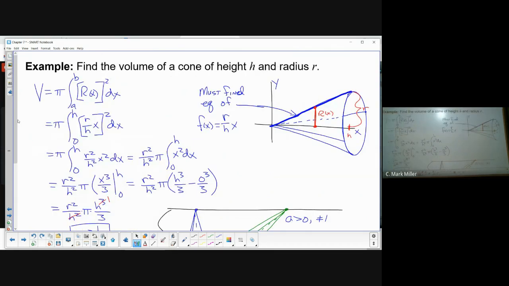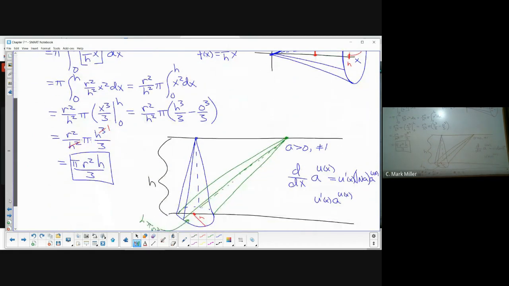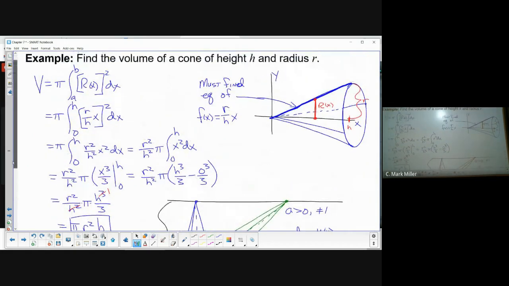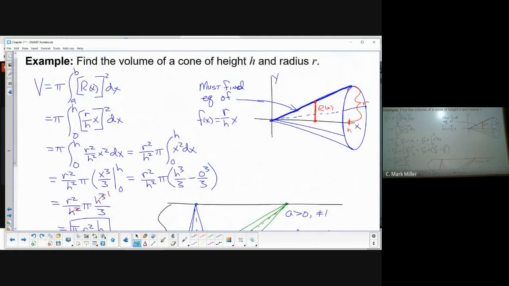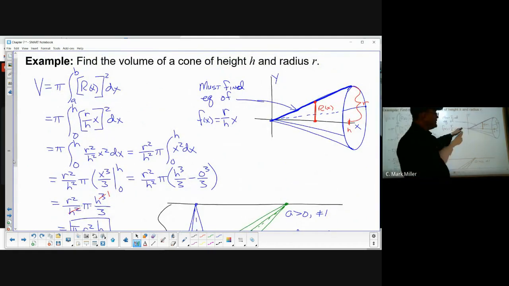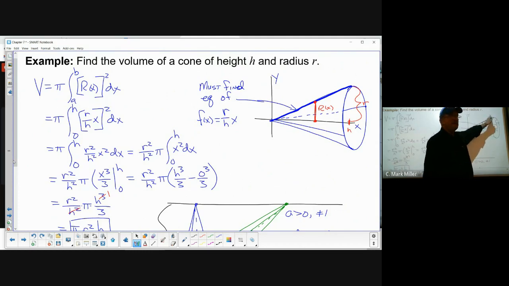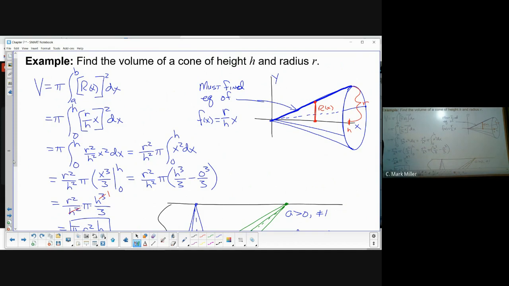Be able to do something like this, where you had to represent the cone as a portion of a line revolved. And you had to figure out what the line was. Well, the line has a certain slope, and that slope was the rise of r divided by the run of h. You're told that the radius of the cone is r and the height of the cone is h. And so we aligned that along the x-axis.